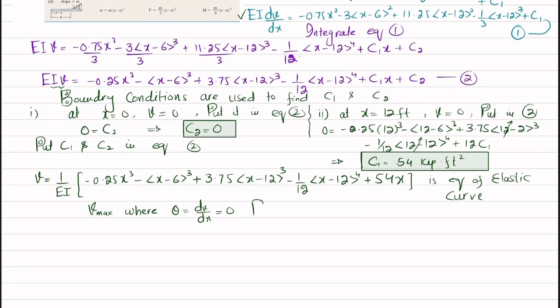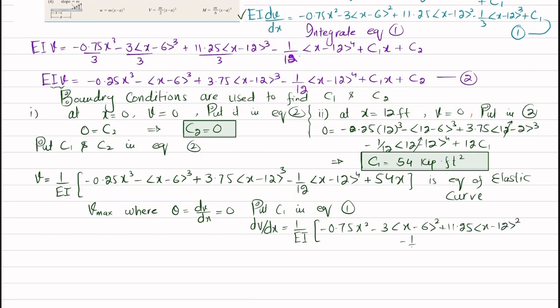If you put C1 in equation number 1, you will get dv over dx, and that will be equal to 1 over EI times minus 0.75 x square minus 3 into x minus 6 whole square plus 11.25 into x minus 12 square minus 1 over 3 into x minus 12 cube plus C1, which is 54.